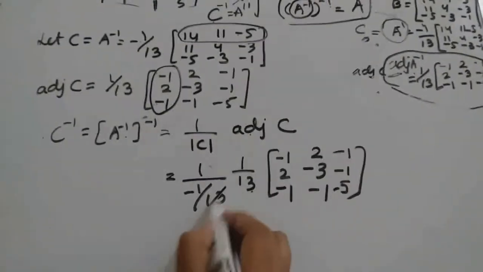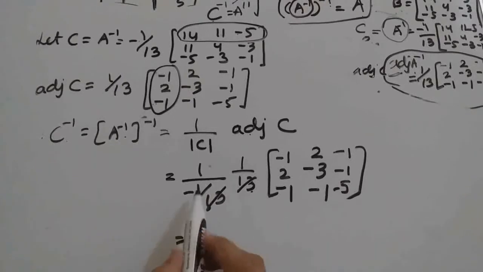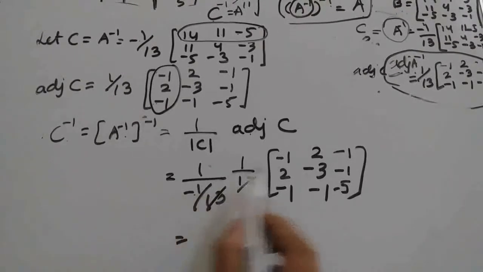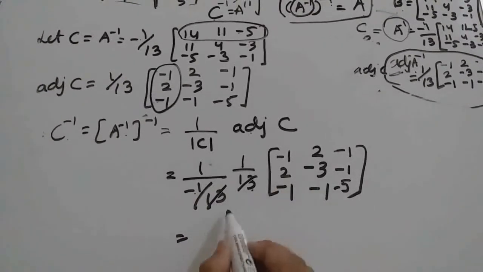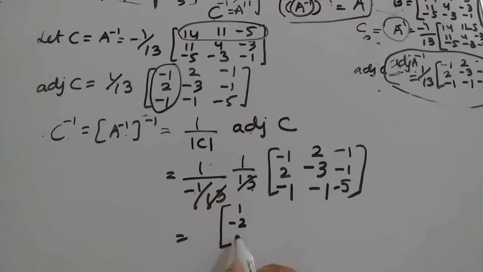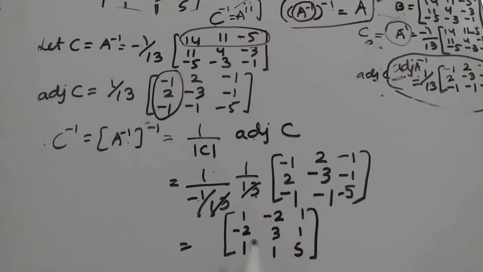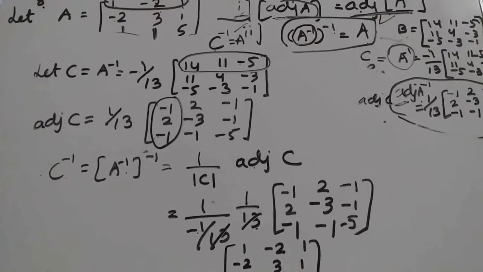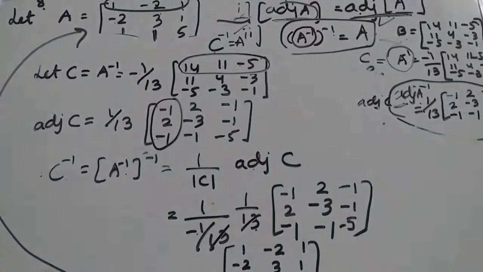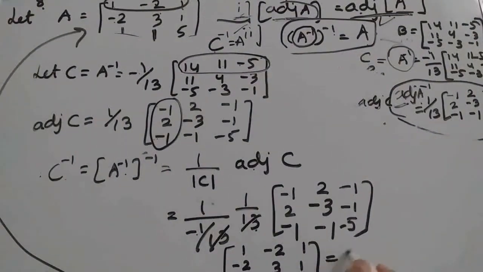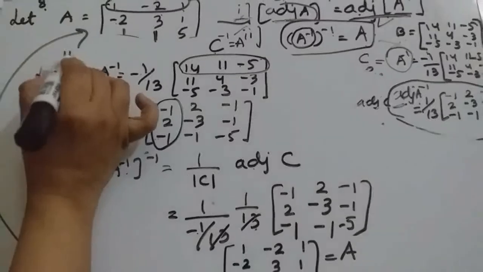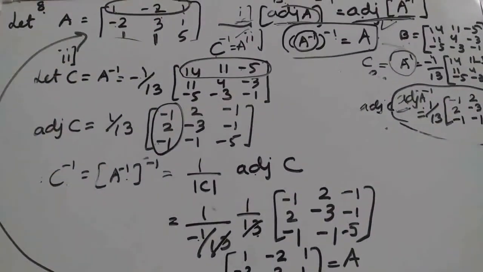This 13 will go, so you will be left with minus 1 outside, that we can multiply with each of the elements. So we will get 1, minus 2, 1, minus 2, 3, 1, 1, 1, 5. So this is what? This is our A matrix, isn't it? You can check, you can verify. So this is A matrix. So here we verified the second part also.